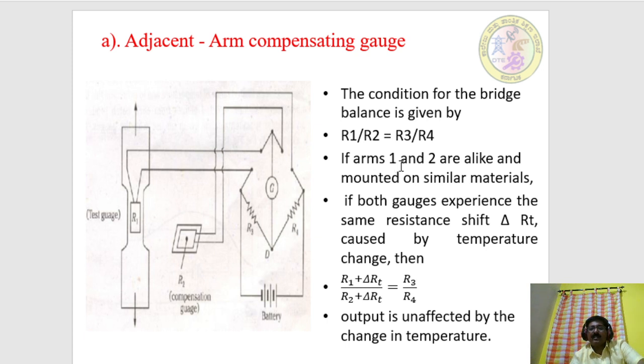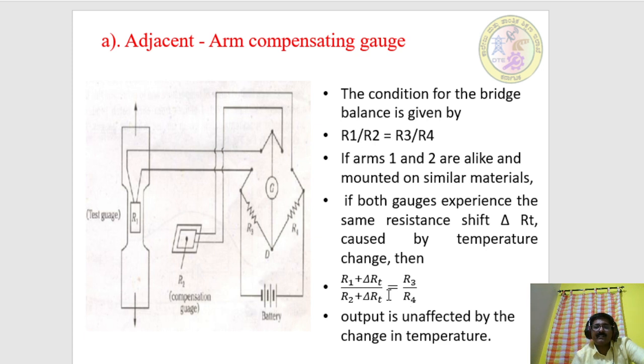If arms 1 and 2 are alike and mounted on similar materials, and both gauges experience a small resistance shift of delta RT caused by temperature change, then we can modify the equation: R1 plus delta RT divided by R2 plus delta RT is equal to R3 by R4.